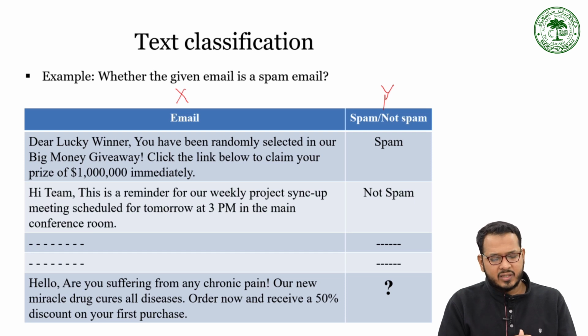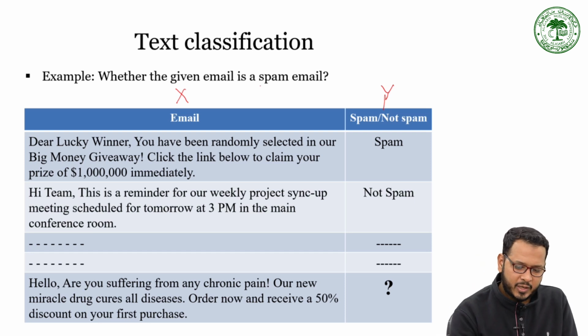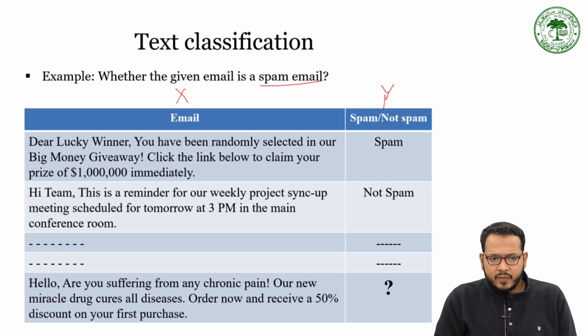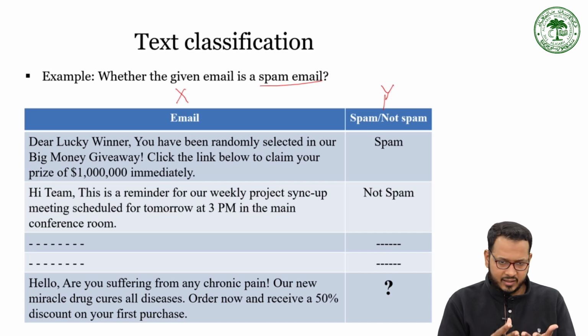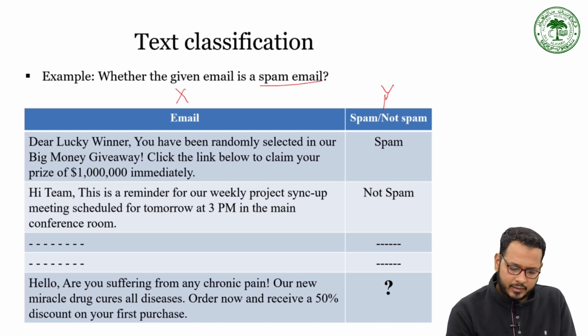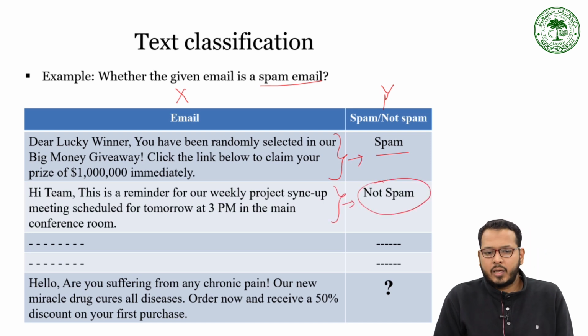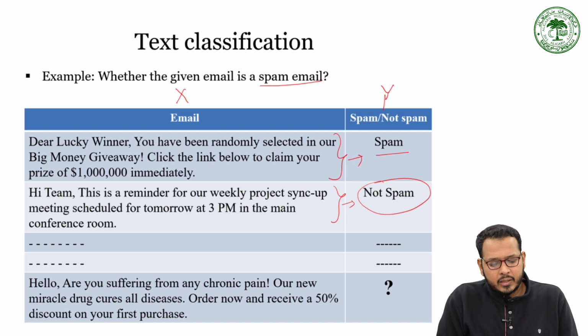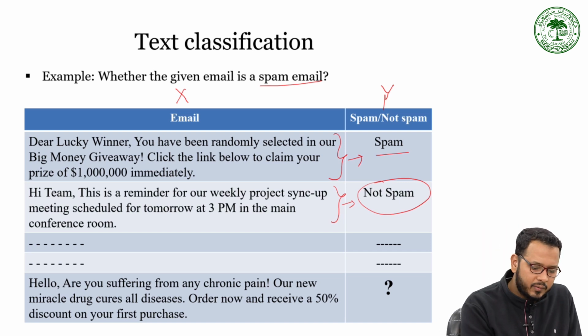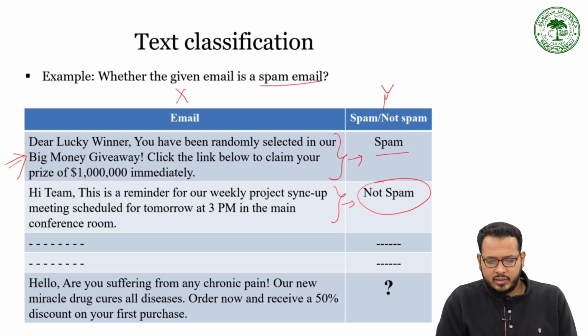For example, let's consider this problem of a spam email. Given an email, we have to identify whether that email belongs to the spam category. It is a spam email like this, or it is not a spam email, it is a normal email. Now here we might have a very big text like this. So it can be considered the X value, and the Y value is also given.